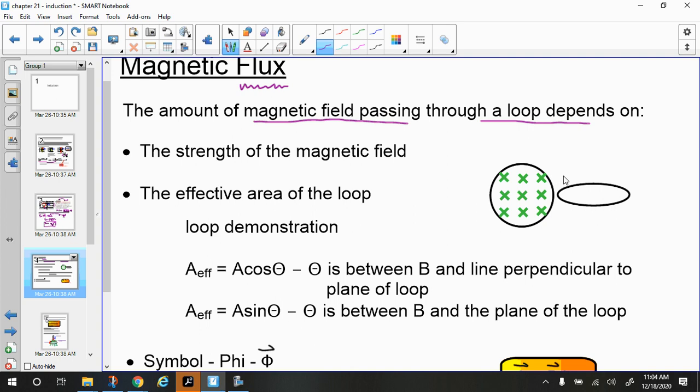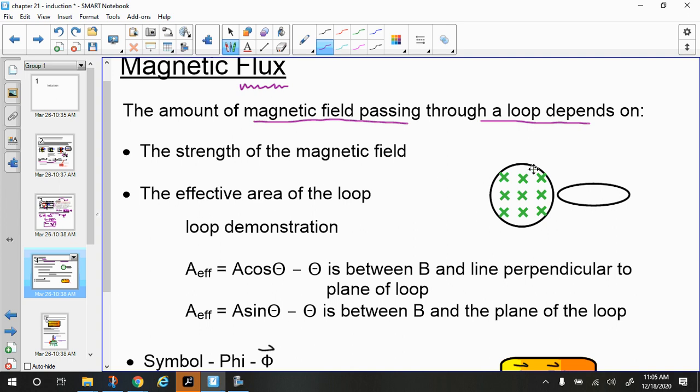You could take a hula hoop and hold it vertically. If the magnetic field is going horizontally, then the angle between the plane of the hula hoop and the magnetic field is perpendicular. But if you start tilting the hula hoop to more horizontal, then fewer of those magnetic field lines are going to go through the hula hoop. So we call this the effective area.